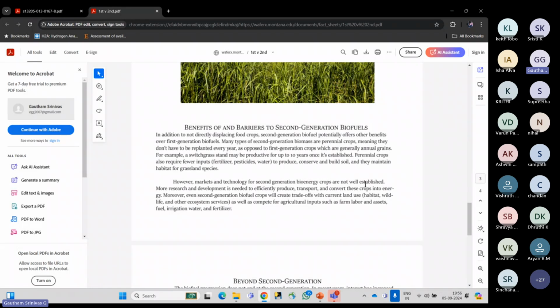So let's say all these perennial grasses can be used to produce biodiesel, or even there is something called sustainable aviation fuel. You can use the grasses directly to produce that. In fact, there is a group in Dehradun that has come up with a biodiesel using used cooking oil and these perennial grasses.